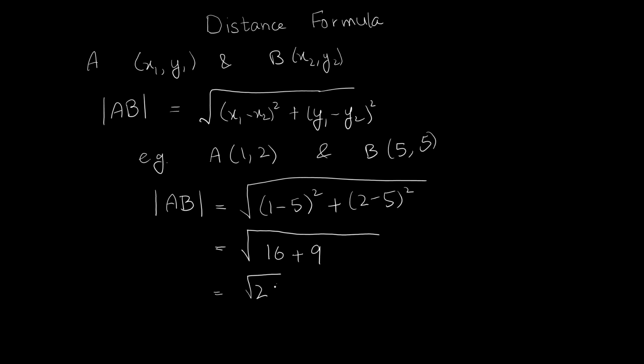Now, whenever you have a square root, you have two answers, positive and negative. But in the case of distance, a negative distance is not defined and does not make sense. That's why you ignore the negative value and you always have the positive result, which is 5 for this case.